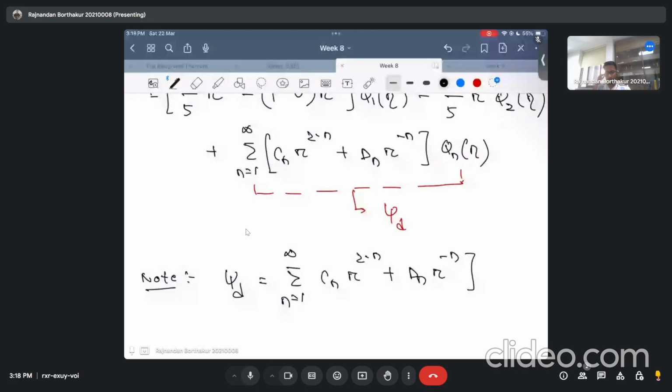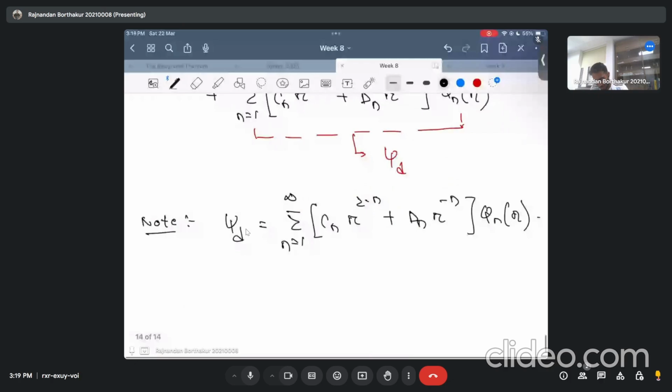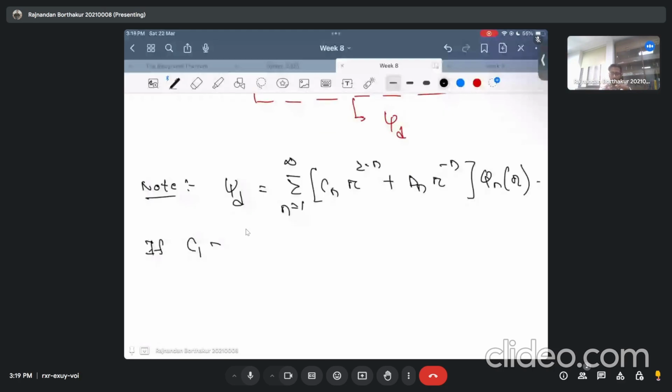Now you can appreciate that if C1 is not equal to 0, then you can think of it like this: the maximum possible disturbance that the sphere would impart is reflected by the mode n equal to 1.